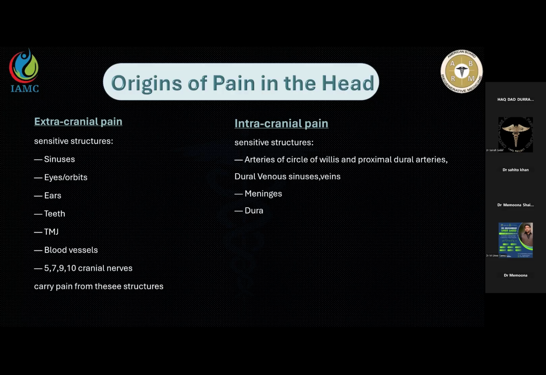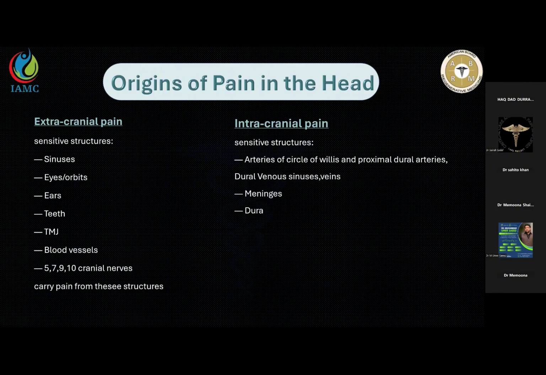Classification of headache, as we all know, it can be primary headache or it can be secondary headache. In primary headache, there is no structural or metabolic abnormality, while secondary headache is due to some structural or metabolic abnormality.